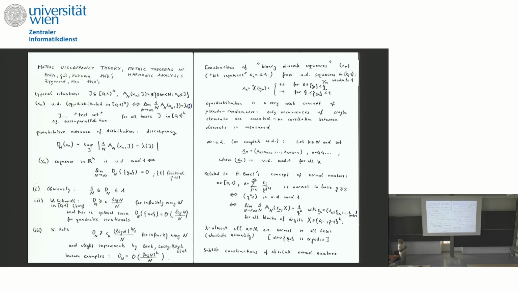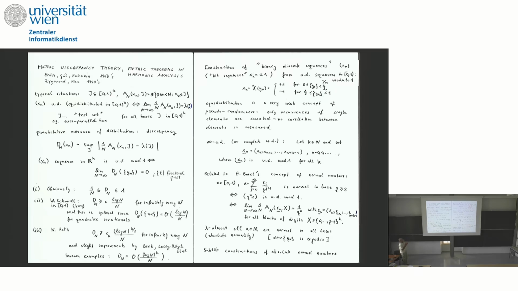Zygmund, Salem, Gál, Koksma, and many other people worked on limit theorems for trigonometric series, and then in the 50s also for discrepancies of sequences. And I will show you the development of this metric theory of uniform distribution during the last 60, 70 years.